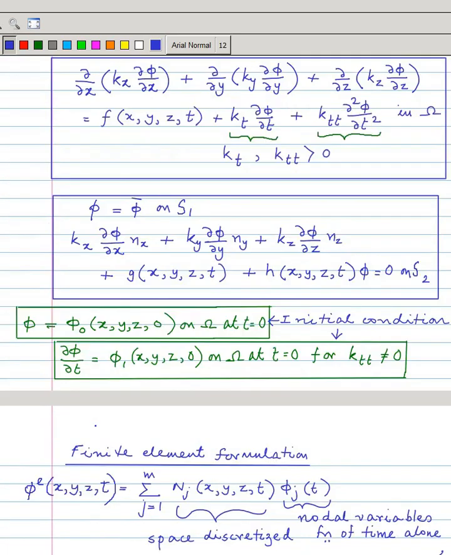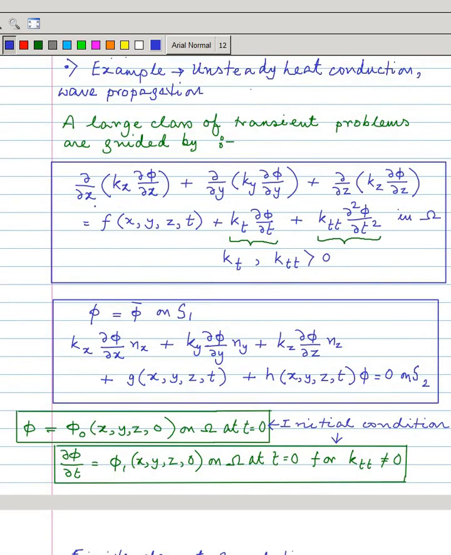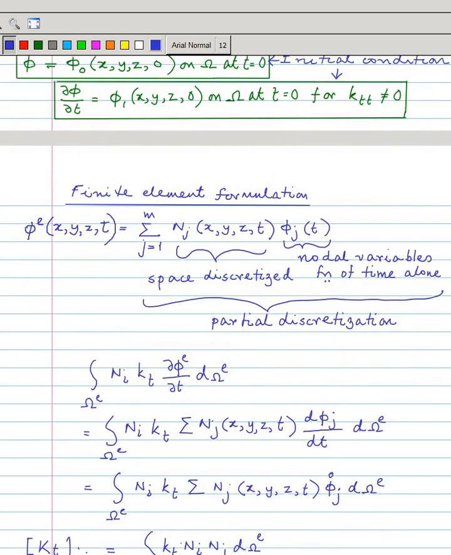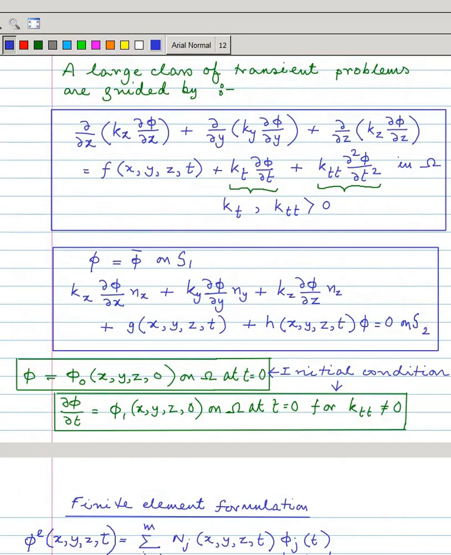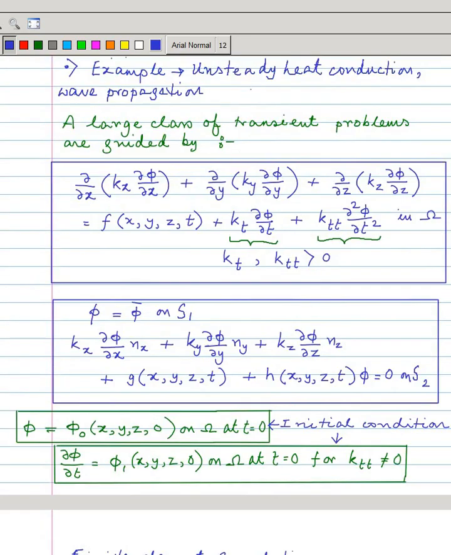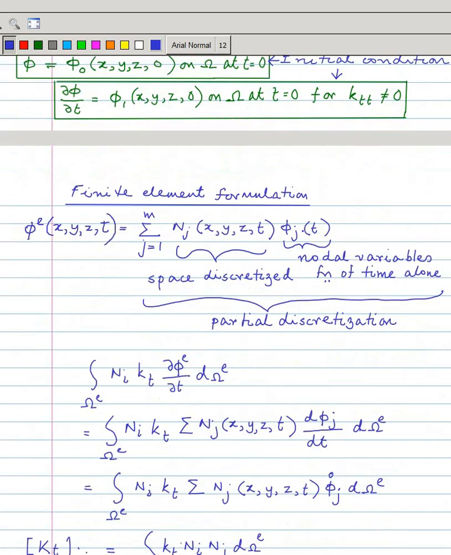So we know the finite element terms coming from this part. Up to this we do not know what will be the finite element terms for these two terms in the equation. So we'll find out the finite element formulation corresponding to these two terms.